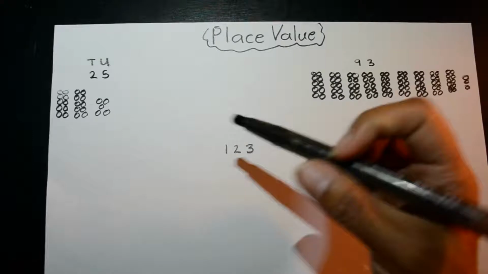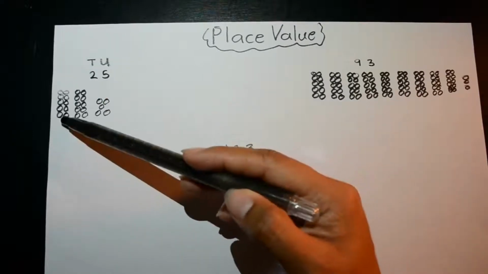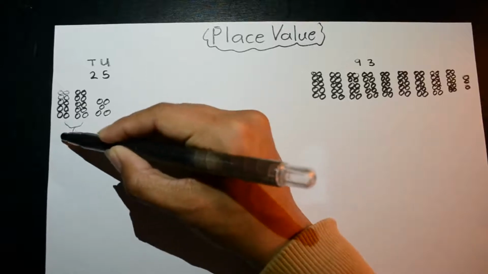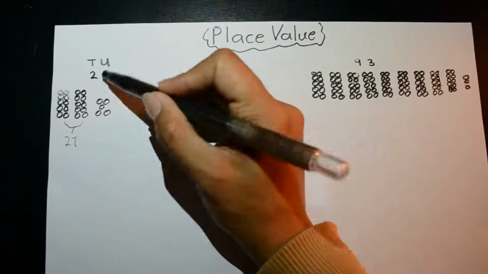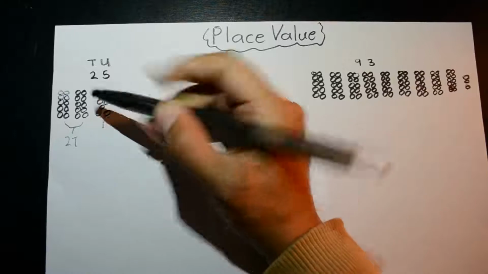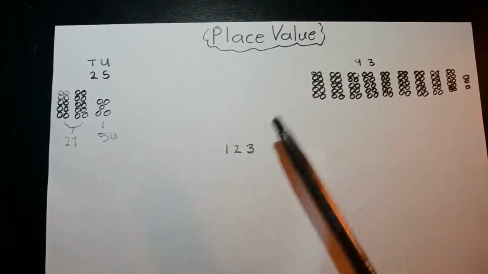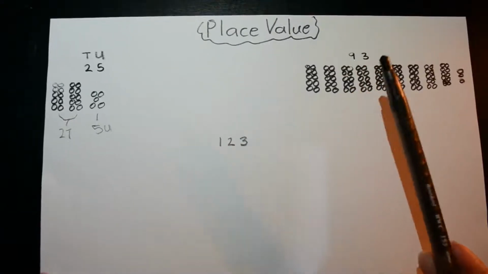Here I have 2 tens, which is these two. And in this side I have the 5 units.